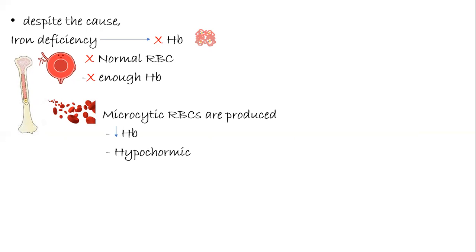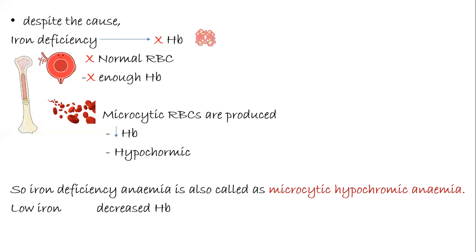Microcytic means these are little shrunken forms of RBCs. This type of anemia hence is also called hypochromic anemia. So iron deficiency anemia is called microcytic hypochromic anemia. Low iron levels result in decreased synthesis of hemoglobin, which results in less oxygen carrying capacity of the blood, and it ultimately results in tissue hypoxia.